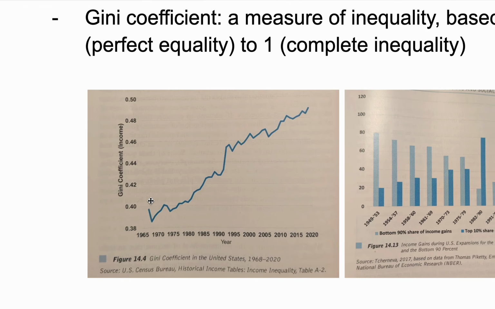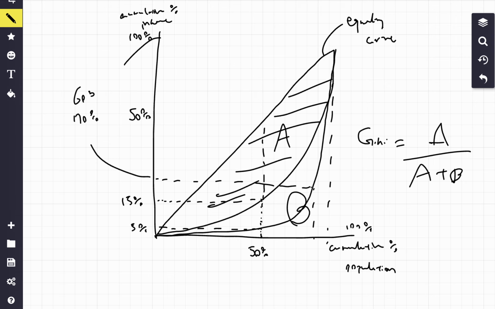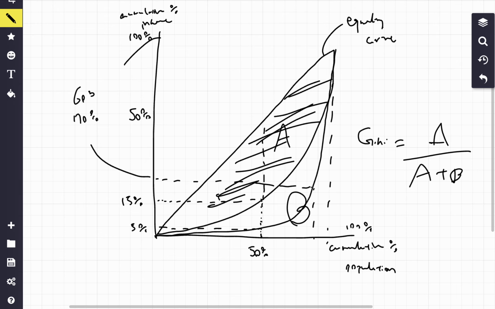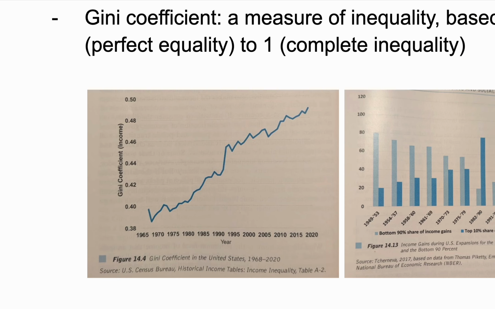This shows the Gini coefficient over time, how it changed from 1968 to 2020. It started at somewhere around less than 0.4, and now it is closer to 0.5, meaning that this area A is almost half of this entire triangle, showing significant inequality. So inequality has been rising.